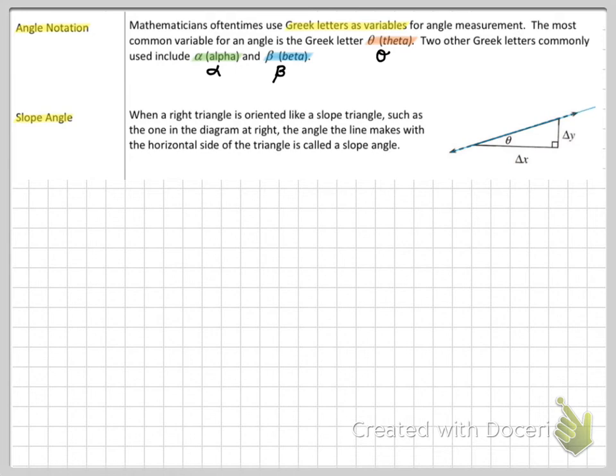Using the idea of slope, let's say hypothetically that this rise is 5 and this run is 3. I know then that the slope of the blue line is going to be 5/3.